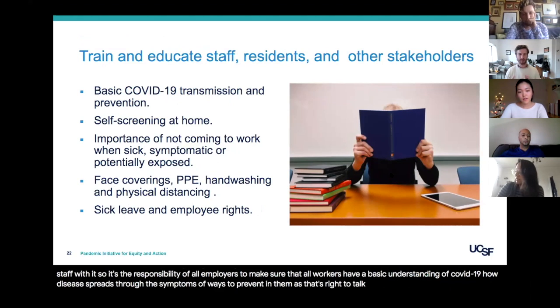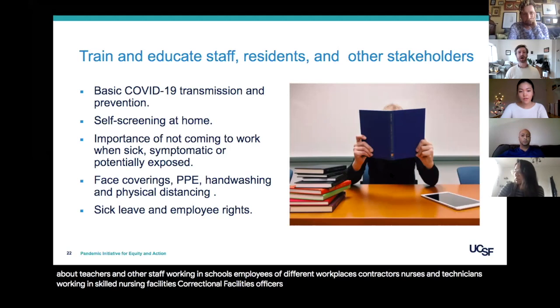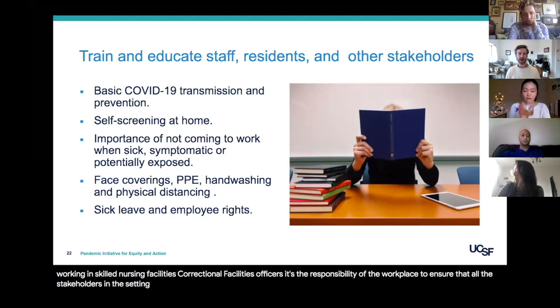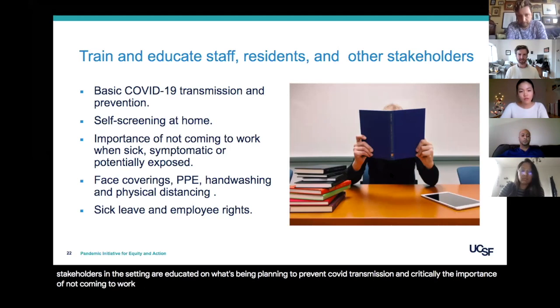So we're talking about students, teachers, other staff working at schools, employees of different workplaces, contractors, nurses and technicians working at skilled nursing facilities, correctional facilities, officers. It's the responsibility of the workplace to ensure that all of the stakeholders in the setting are educated on what's being planned to prevent COVID transmission, and critically, the importance of not coming to work when people are sick, symptomatic, or potentially exposed. Next slide, please.